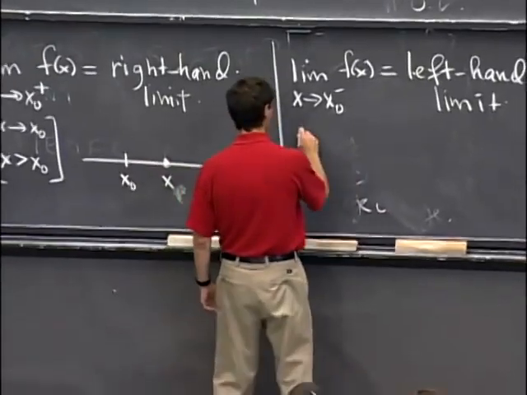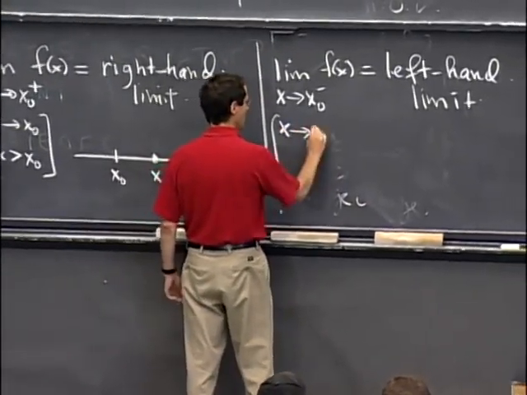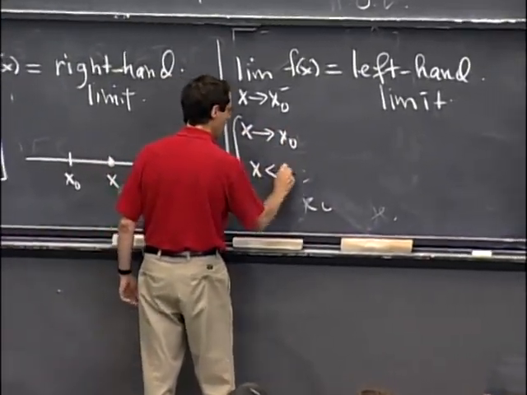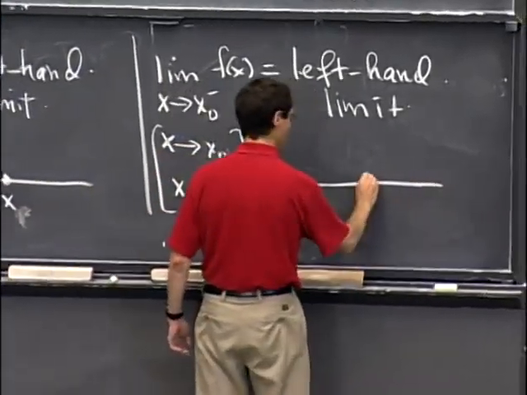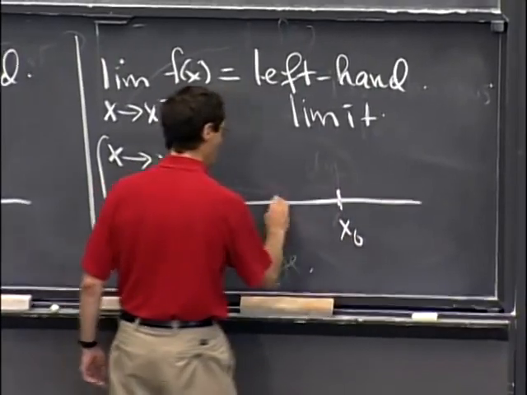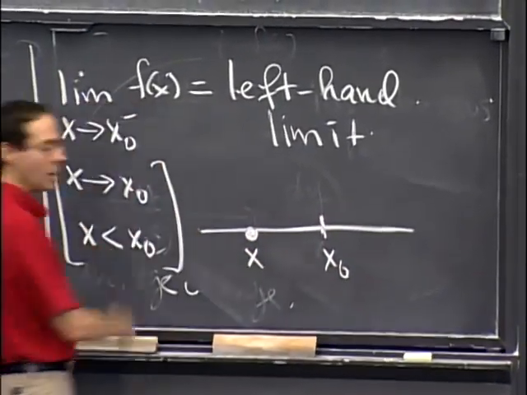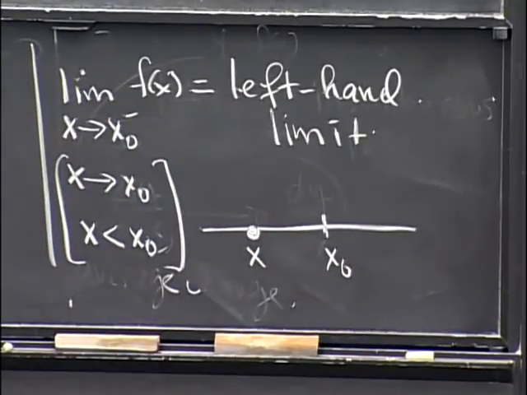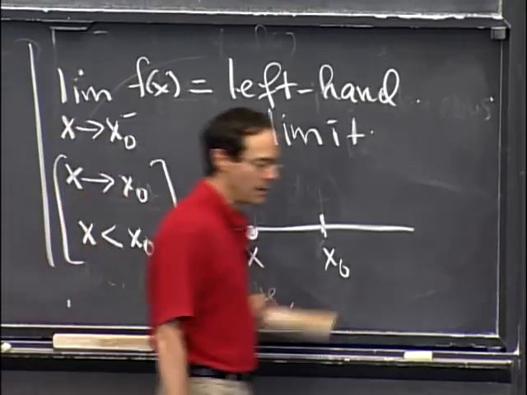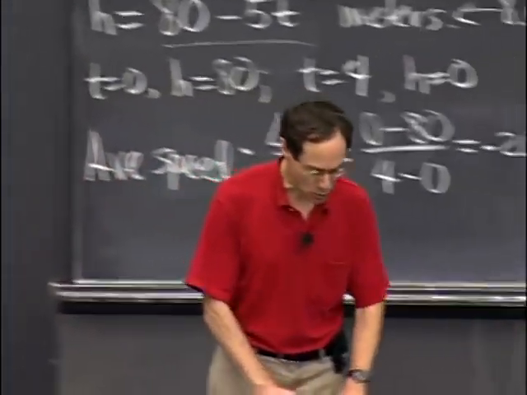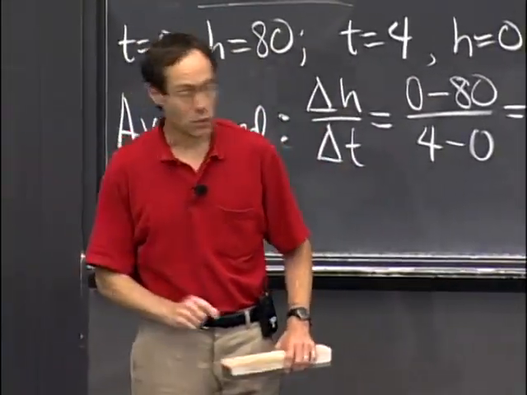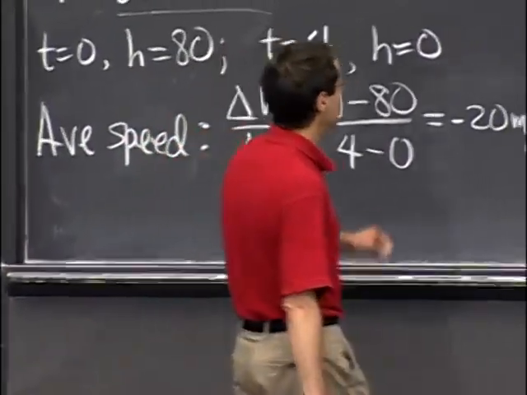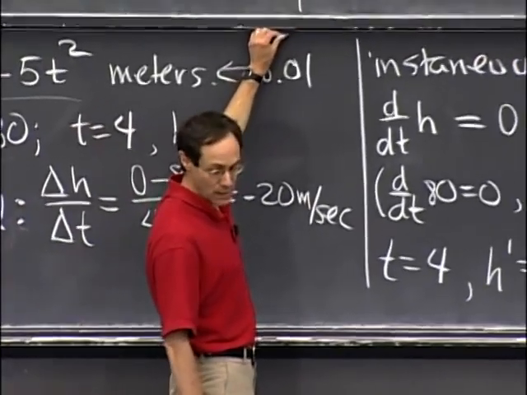And of course that just means x goes to x0, but x is to the left of x0. And again, on the number line, here's the x0, and the x is on the other side of it. Okay, so those two notations are going to help us to clarify a bunch of things. It's much more convenient to have this extra bit of description of limits than to just consider limits from both sides.